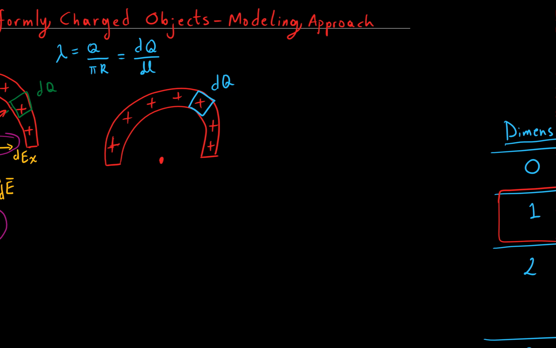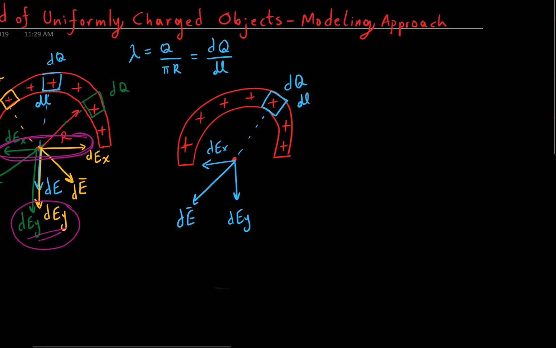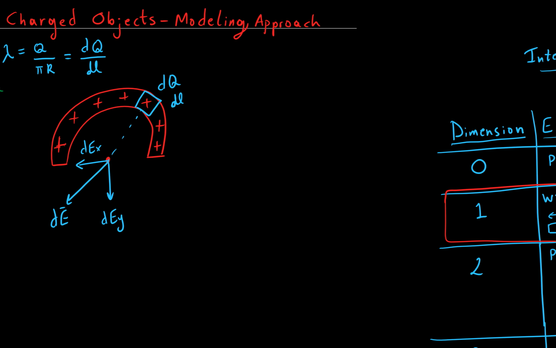Let's call this our infinitesimal charge dq, and this is a small part of the half circumference dl, and we see there is our electric field, a small portion of it can be broken down into its x components and its y components. Even though we already verified over here that the x components will cancel, meaning that we need only worry about the y components, we're going to try to model both of them anyway, just for the sake of exercise.